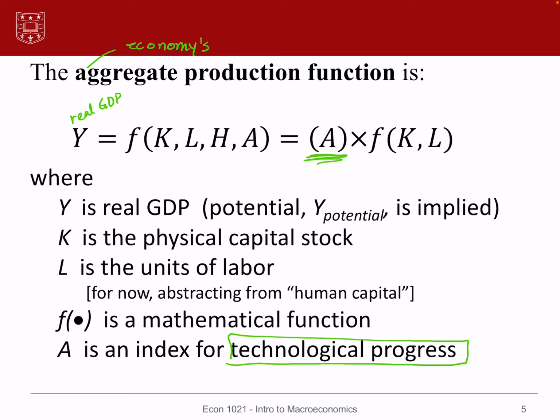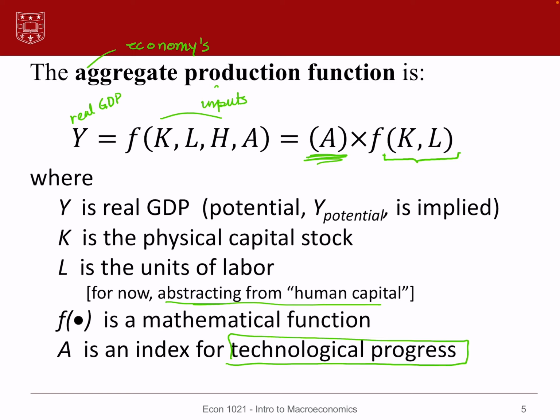And then we have these other inputs to the production process. What we're going to do is develop a framework where we focus just on physical capital and labor, and for the moment abstract from, or ignore, you could view it as holding it fixed, human capital, just to cut down on the amount of notation.